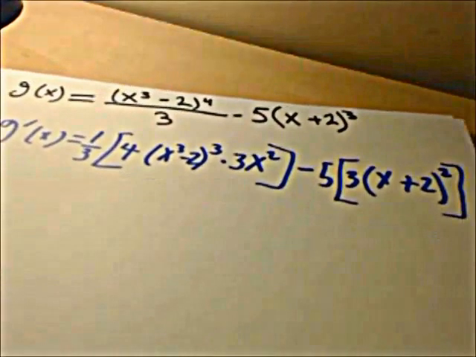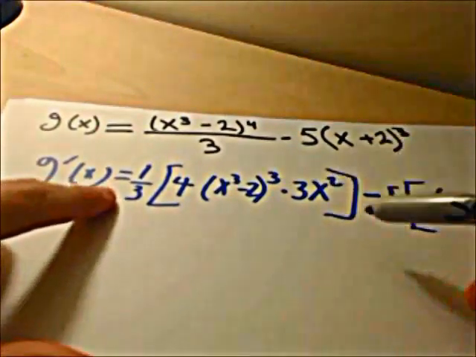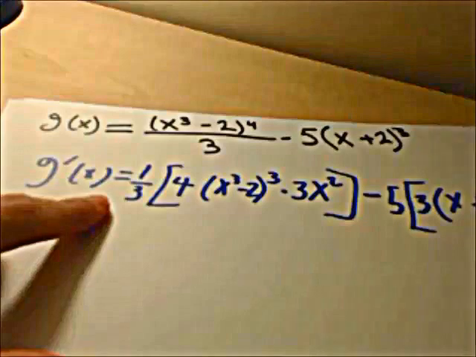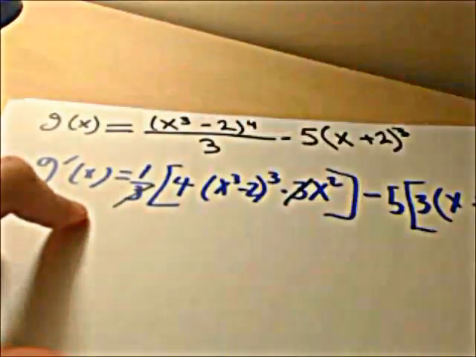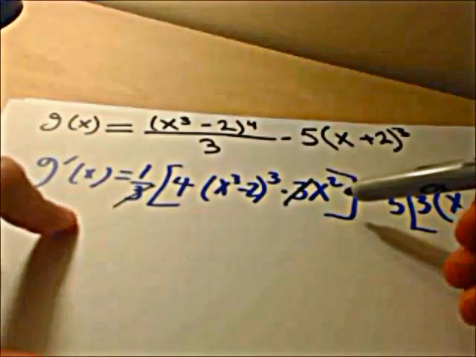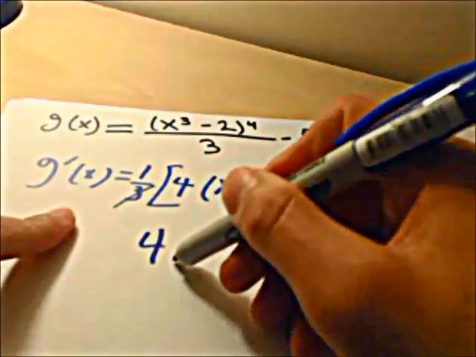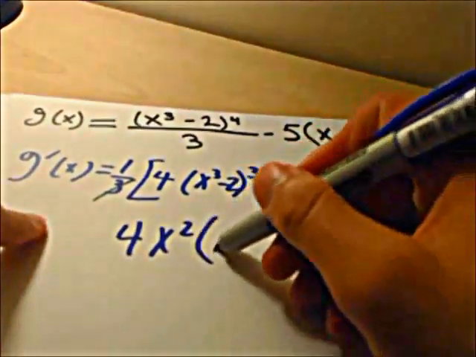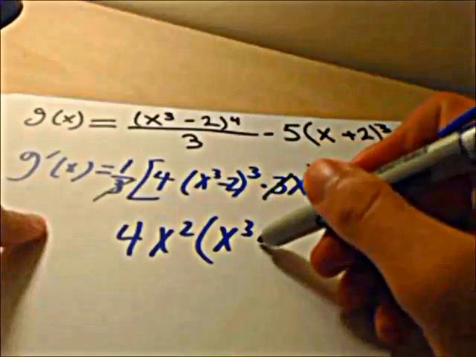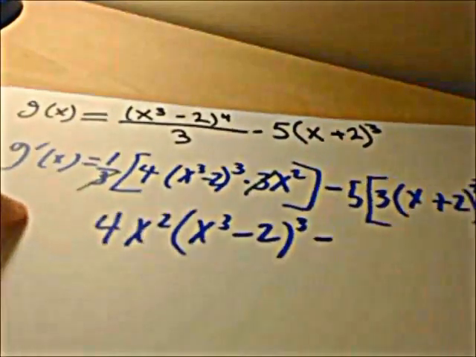So now let's just clean this up a little bit. In this part, notice that we've got a third here times 3, so the 3 cancels out with the third. We're left with x squared times the bracket, x cubed minus 2, all cubed, minus.